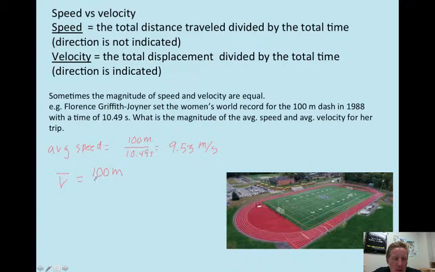Her change in x was 100 meters, and the time was 10.49 seconds, and they will both be 9.53 meters per second. I just did that to show you that sometimes they can be the same. I know that for some that's going to be a point of confusion. You just have to make sure you pay attention to what is being asked for.